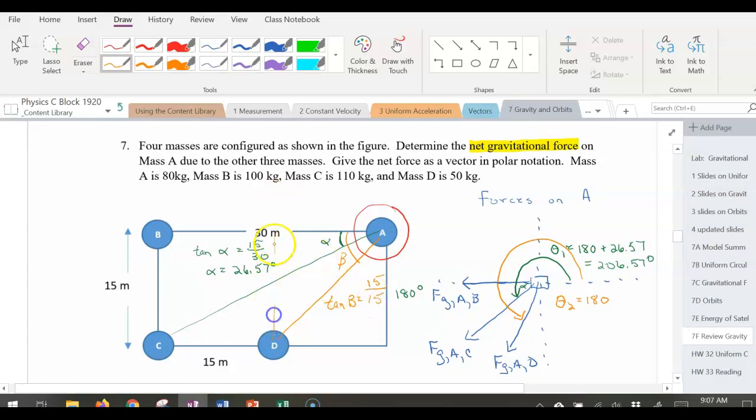Because this length is 15, and this distance is 15. Okay, so the arctan of 1 is 45 degrees. So this is 180 plus 45. This orange angle is 225 degrees.